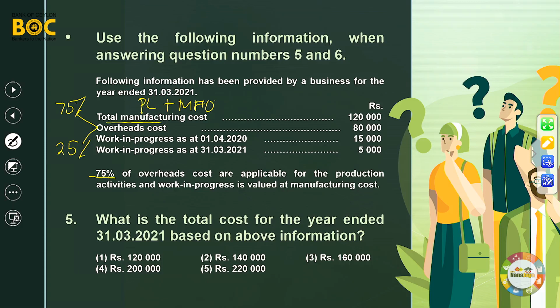Right. So question number 5: what is the total cost for the year? Total cost consists of manufacturing cost plus non-manufacturing cost.